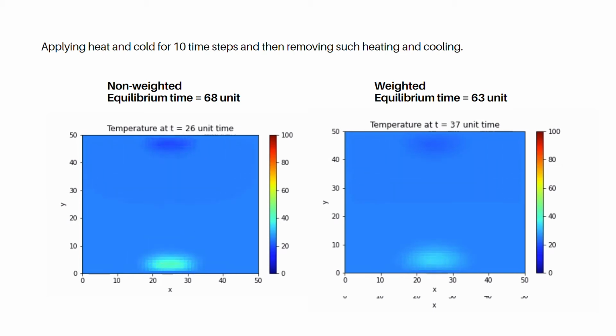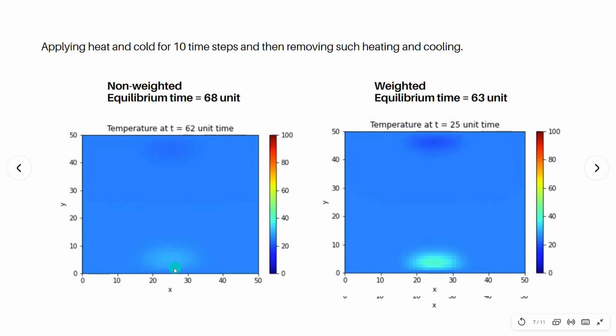So here we see that we reach an equilibrium of 63 units in the weighted case as opposed to 68 units in the non-weighted case. And on the very same basis as we explained the previous one, we can explain this one as well. In the weighted case, the contribution is more as compared to the non-weighted case.